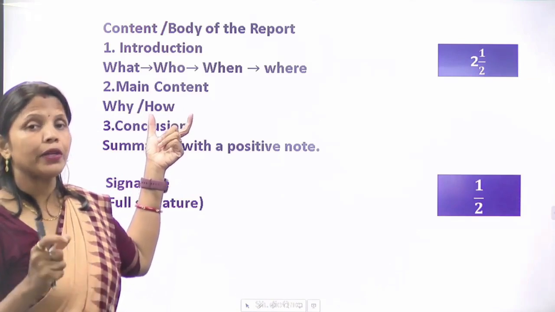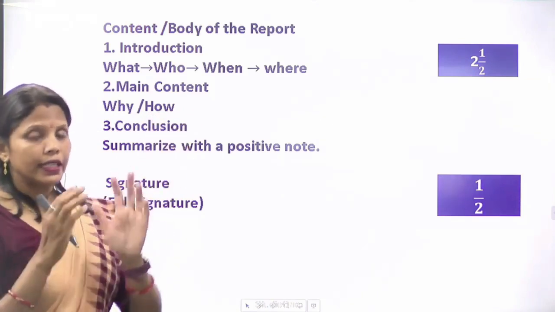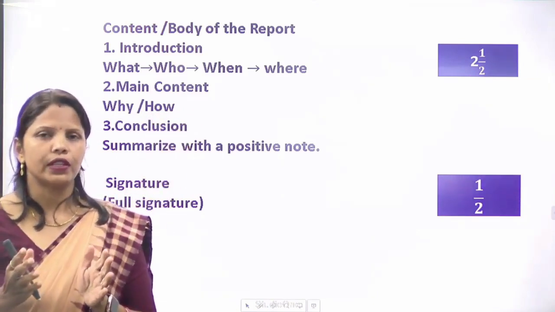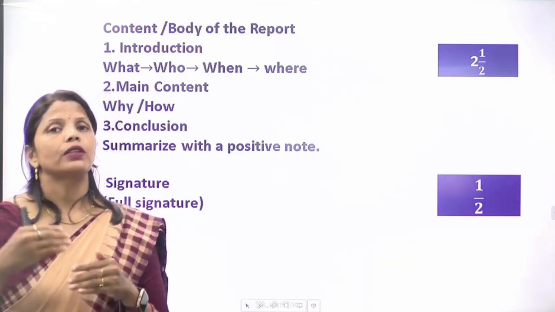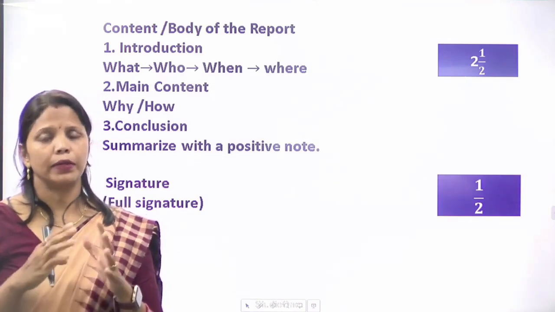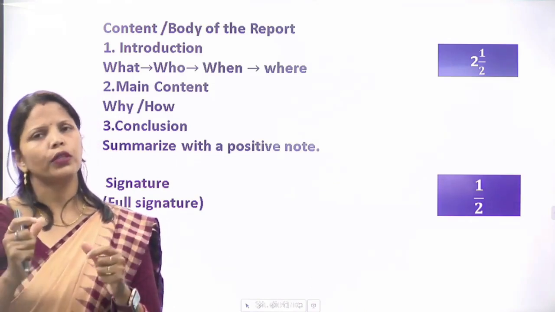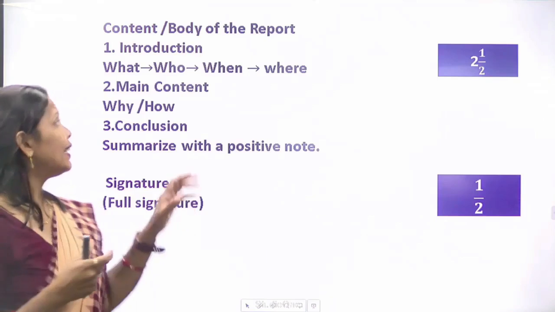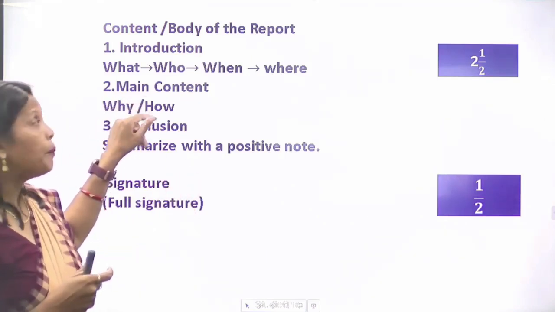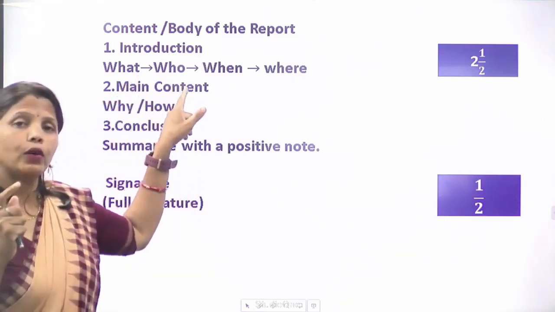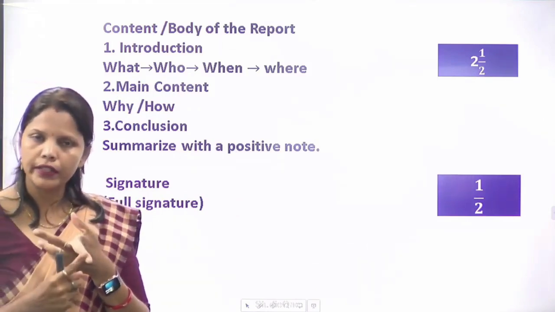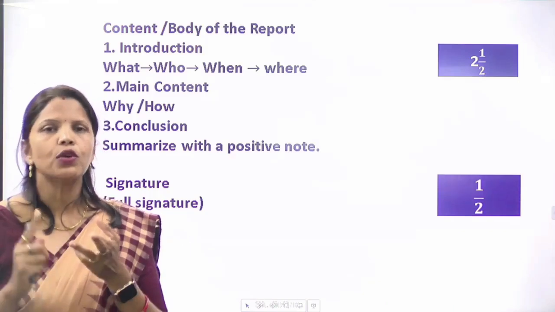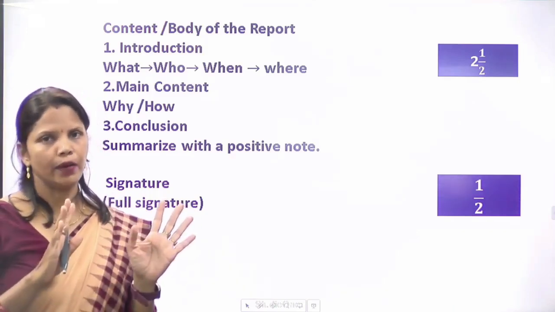In main content we will write in detail. Who were the guests, if it is some event, who were the audience, what the guests said. So we have to write in detail in main content. But in introduction, we have to write only what was the incident or what was the event, who were the persons, where and when did that happen. Okay.